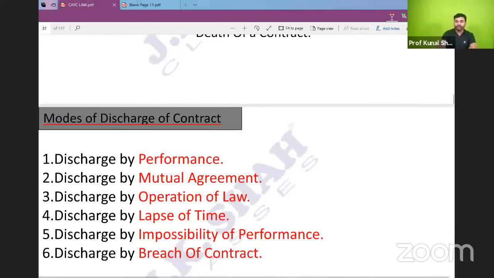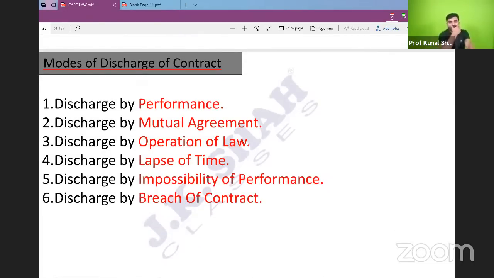Over here, there are various modes by which a contract can be discharged. There are 6 modes, 6 ways by which a contract can be discharged. A contract can be discharged by performance. A contract can be discharged by mutual agreement.